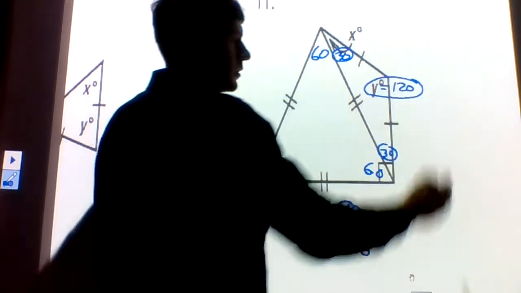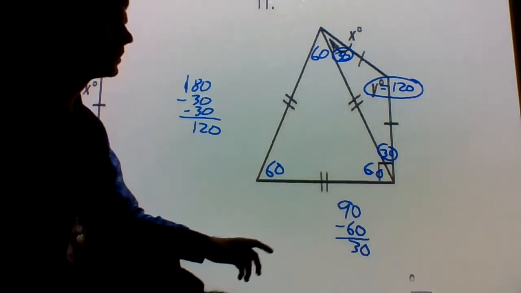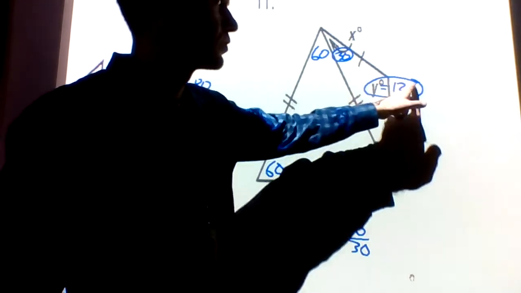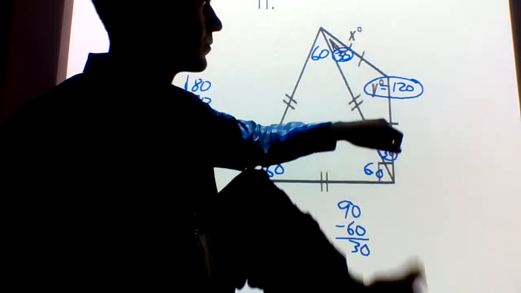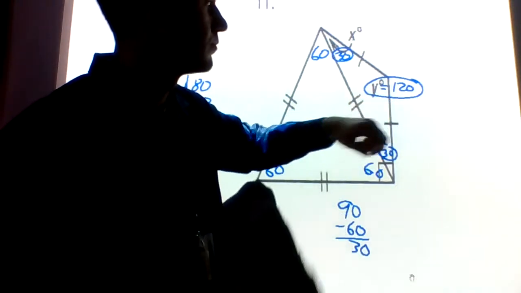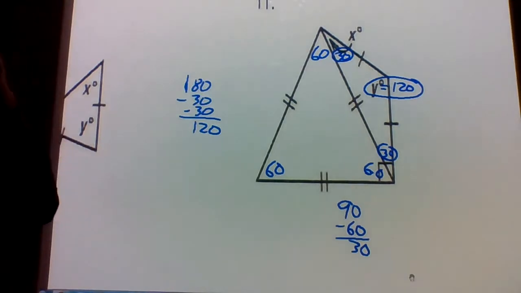So y is going to be 120 degrees. Well, I guess y is just going to be 120, because if y was 120 degrees, then it would be 120 degrees. Right. And having a 2 degree symbol doesn't make any sense.